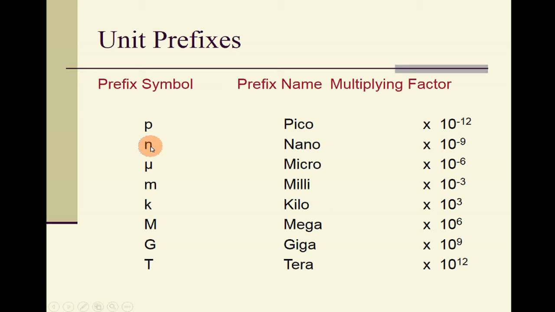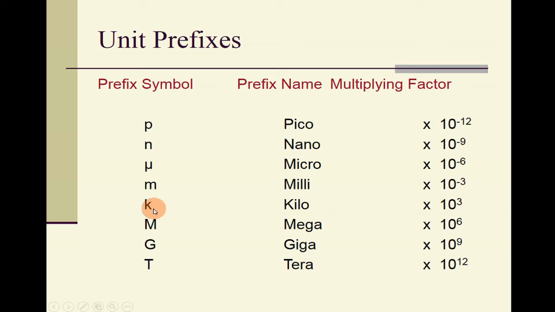Nano, its symbol is N, and its multiplying factor is 10 to the power minus 9. Micro is represented by mu, its multiplying factor is 10 to the power minus 6. Milli is a smaller unit as compared to the micro, and its multiplying factor is 10 to the power minus 3.